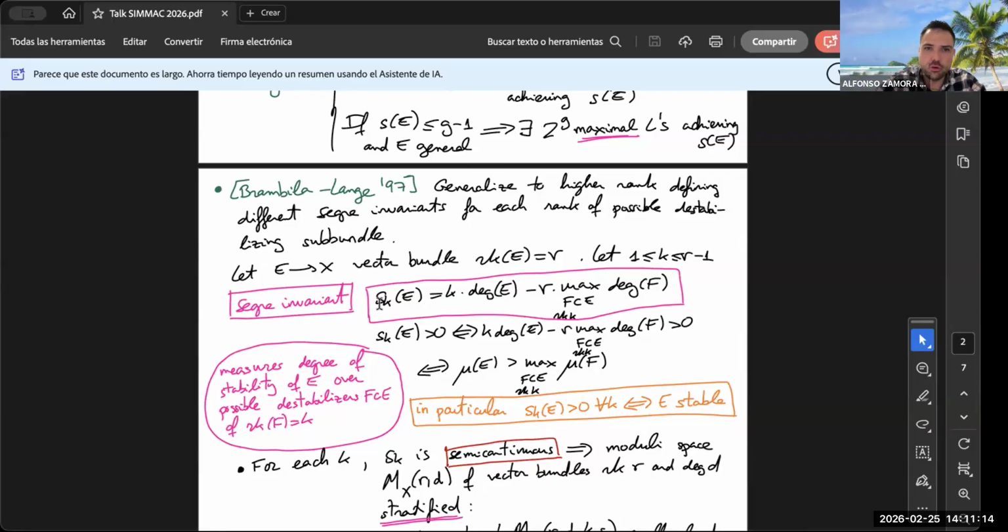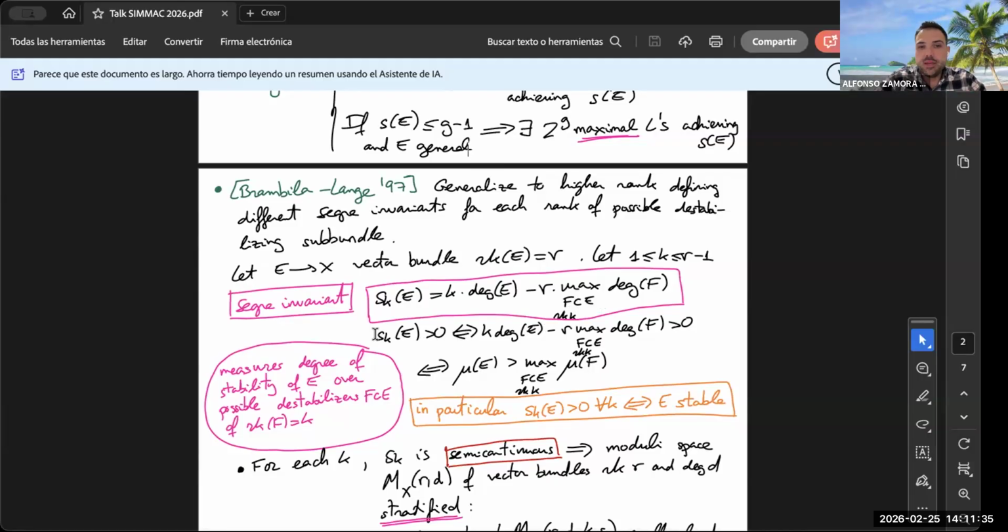Then the generalization is the following. Fixing k, we have different invariants. S_k of the vector bundle E is k times the degree of the vector bundle minus r, the rank of the vector bundle E, times the maximal degree of those subbundles of the prescribed rank k.